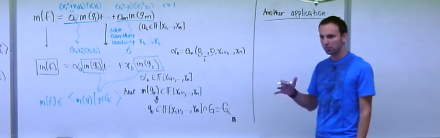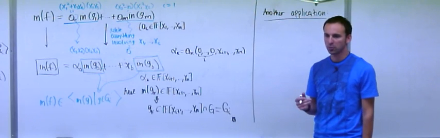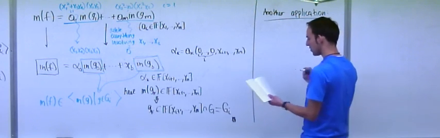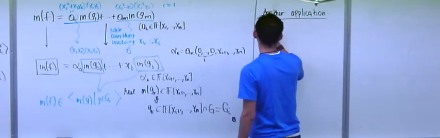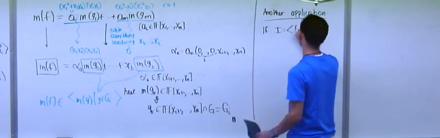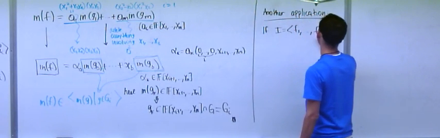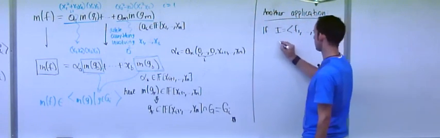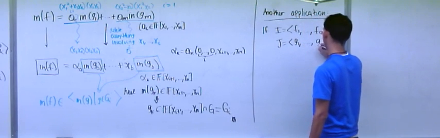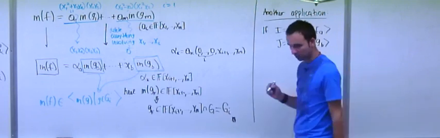Like I told you, Gröbner bases are excellent for computing things. And so let me remind you that, let's say that you have two ideals, and let's say that you have generators for them. So maybe the first ideal looks like this, and the second ideal looks like this. Okay, so you have generators for them.